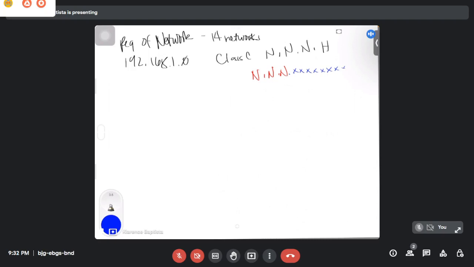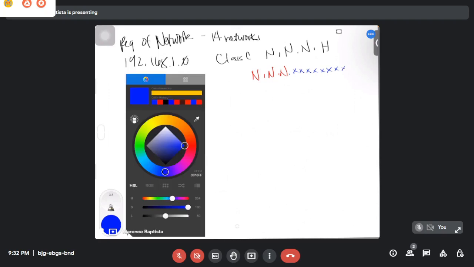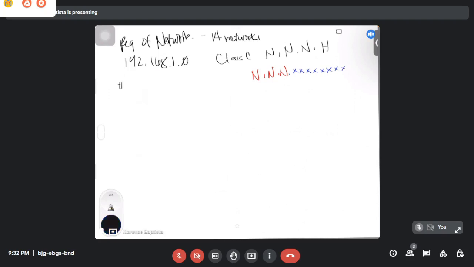So number of subnet, okay? Dahil nga networks yung pinag-uusapan, requirement of network, ang kukunin natin una is the number of subnet. So the number of subnet formula is equals to 2 raised to n minus 2, which is greater than or equal to the requirement of subnet, which is 14. So 14 networks yung kailangan natin.